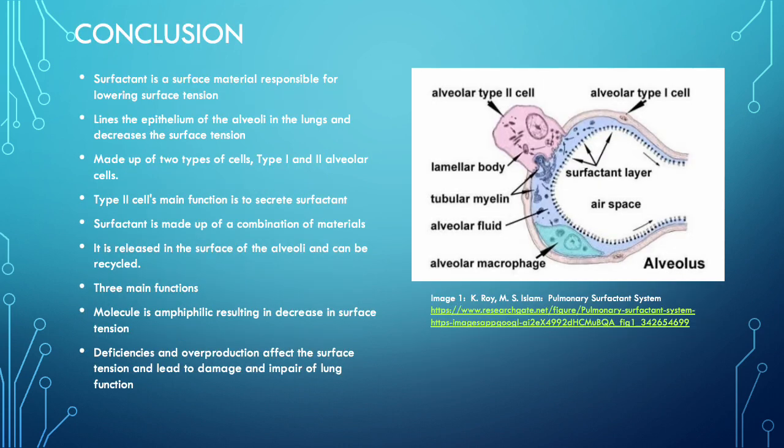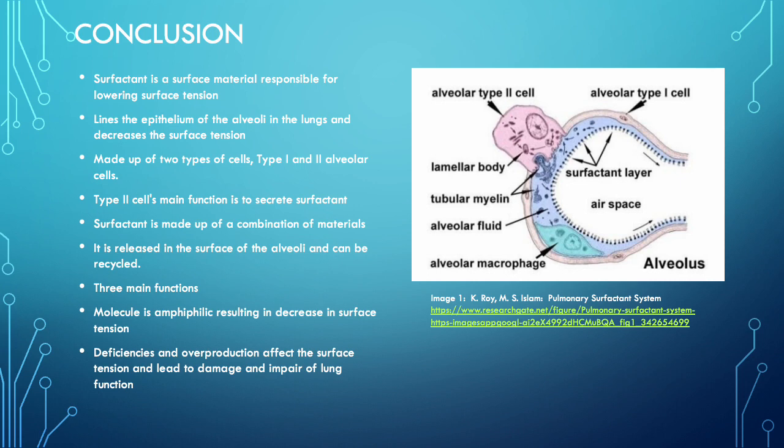Surfactant is a surface-acting material responsible for lowering the surface tension of a fluid. It lines the epithelium of the alveoli in the lungs and decreases the surface tension on the alveolar membrane. It is made by two types of cells, type 1 alveolar cells and type 2 alveolar cells.